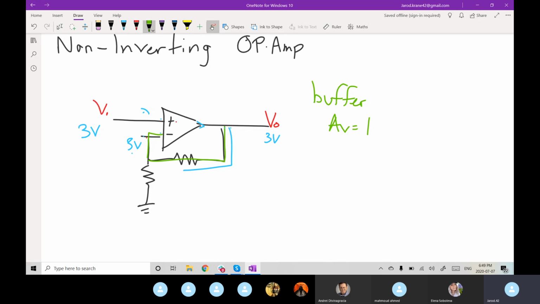The benefit to using this buffer circuit is if we have some small electronics on our input side. So if this is being driven by some small sensors that maybe can only supply 5 milliamps, they're not able to source a whole lot, but we want to be able to drive several LEDs on our output.